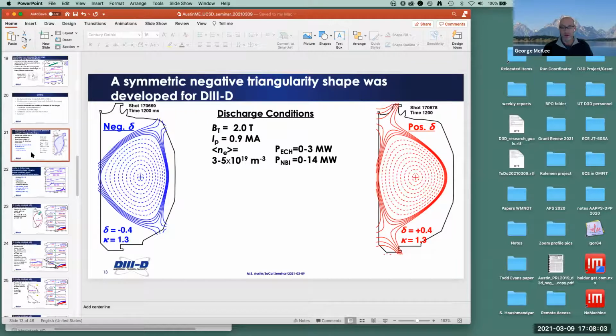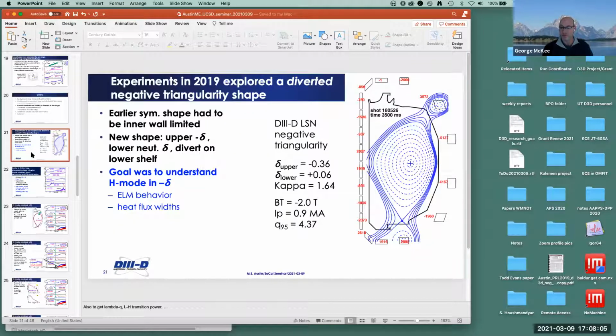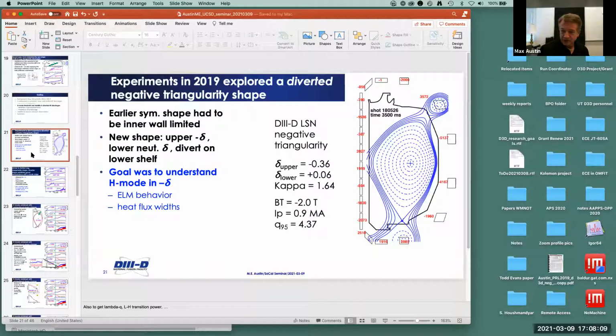radiative boundary without accumulation. Right, and what you may not be aware of is Alessandro led this experiment with the diverted configuration, and he actually tried to increase density to the point where the divertor might detach. We didn't puff impurities, but there have been mixed results from this on TCV.